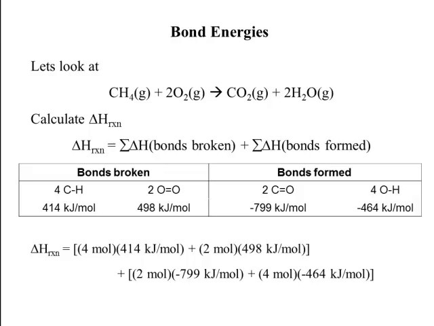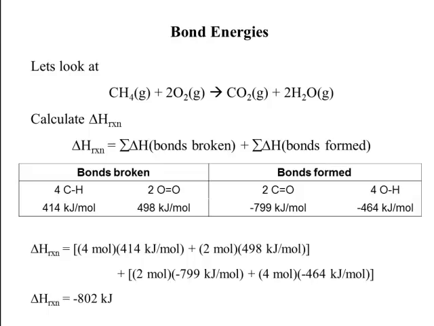For my bonds formed, it's going to be 2 moles of the C double bond O times the negative 799 kilojoules per mole, plus 4 of the OH single bonds times the negative 464 kilojoules per mole. Okay, plug those in, calculate out my answer, and I get a negative 802 kilojoules. So the delta H for this reaction is a negative 802 kilojoules. We determine that just by looking at the bond energies.